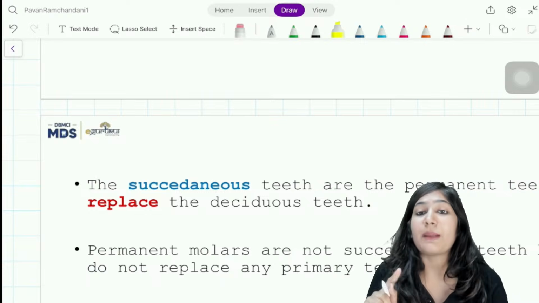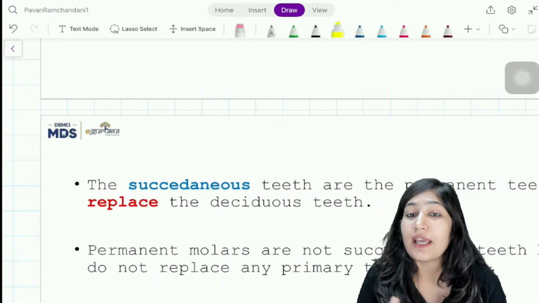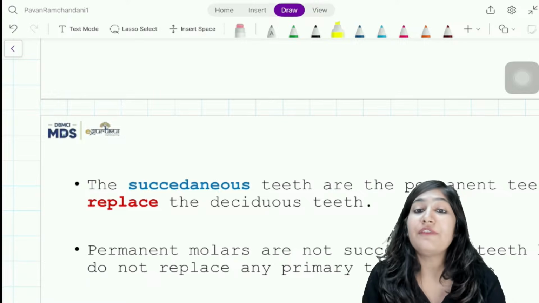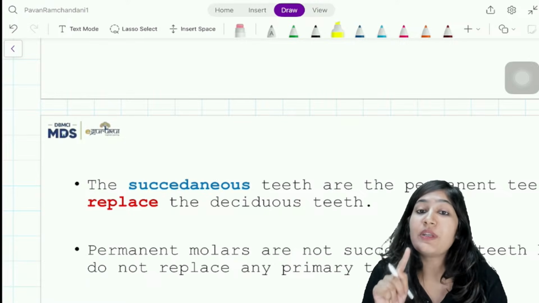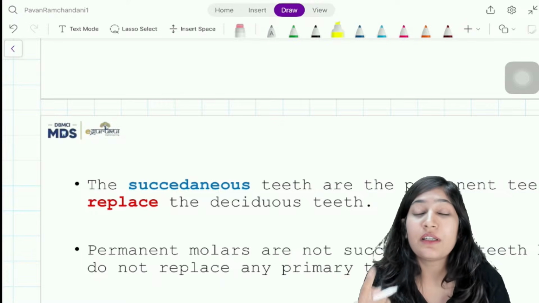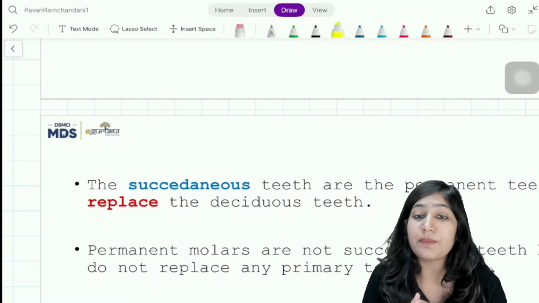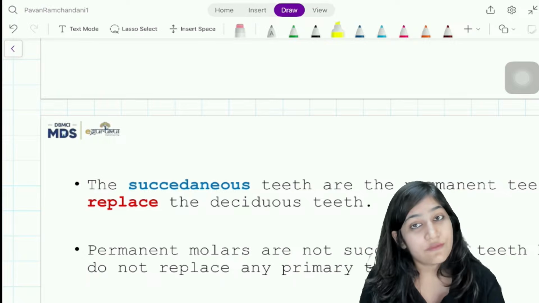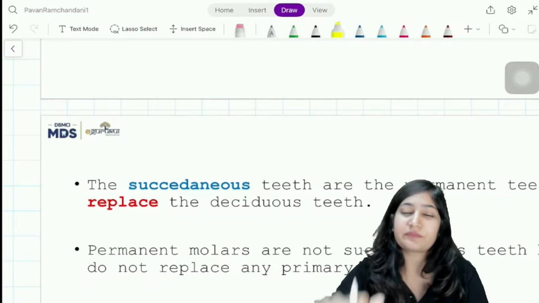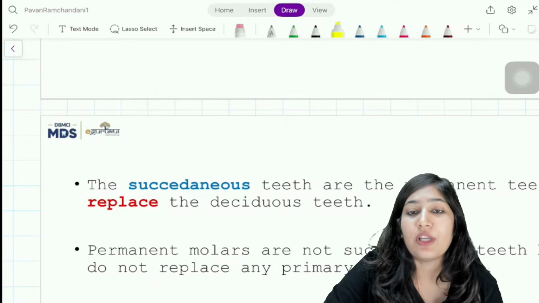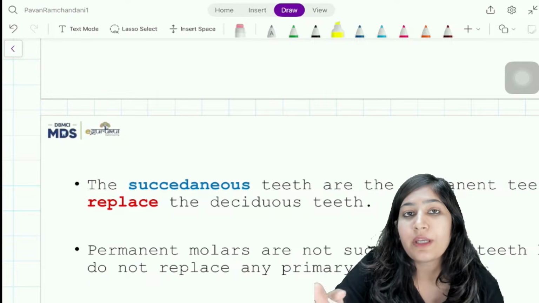Primary canines are replaced by permanent canines. Then we have premolars in permanent teeth. Premolars will replace molars of deciduous teeth. First premolar will replace deciduous first molar and second premolar will replace deciduous second molar.